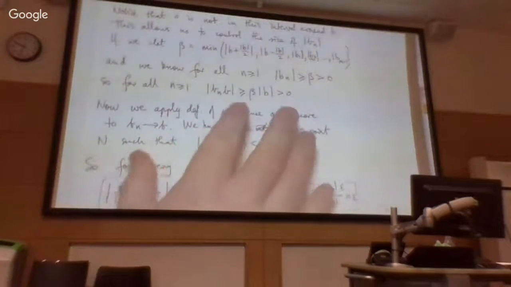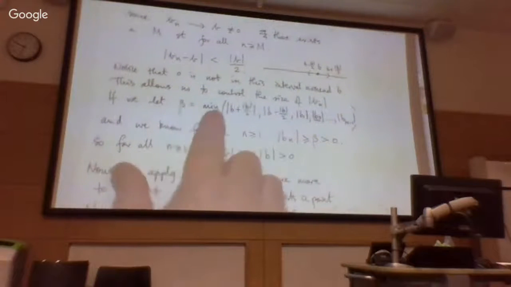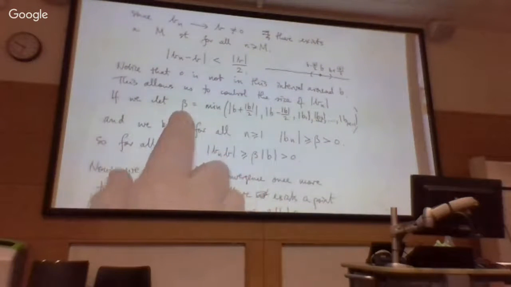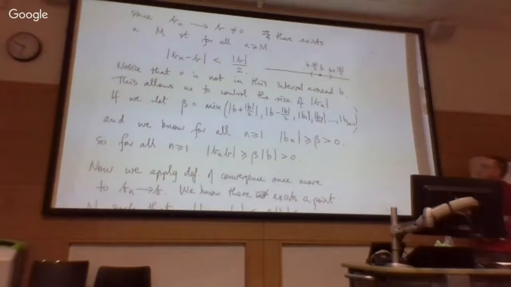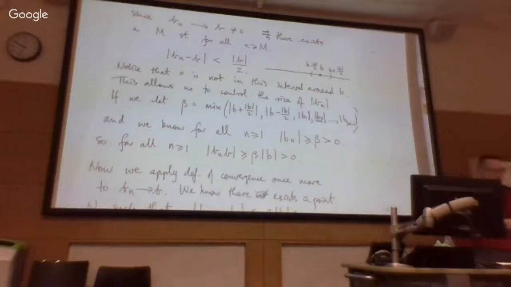And it was based on choosing a degree of closeness of beta times absolute value of B times epsilon, where the absolute value of B is the absolute value of the limit of the sequence Bn, and the beta, remember, I was able to construct as a lower bound on the absolute value of all the sequence elements.